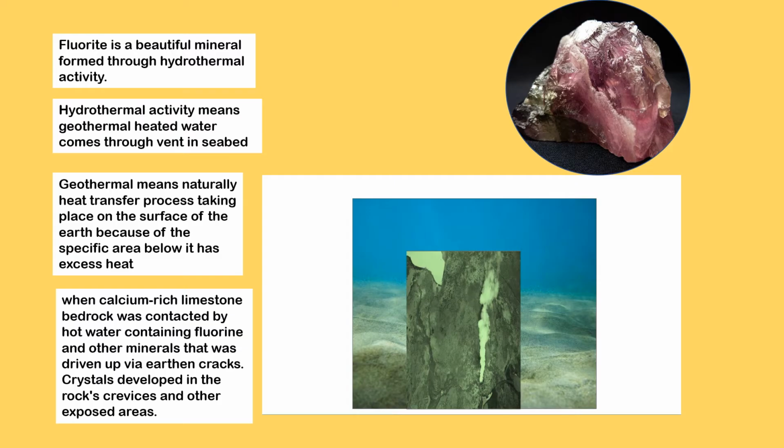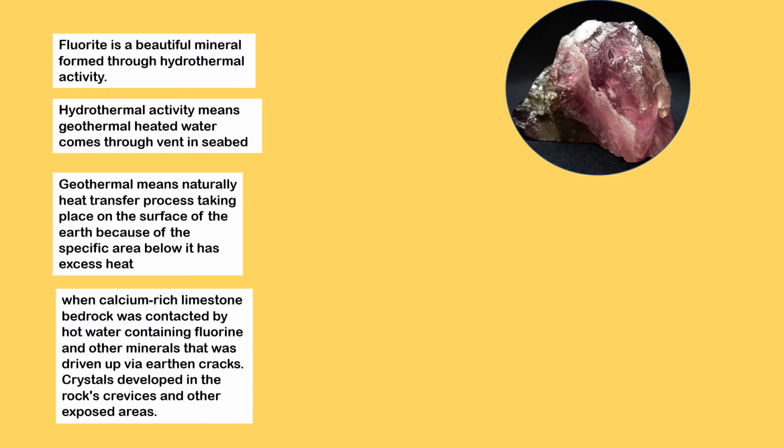When calcium-rich limestone bedrock was contacted by hot water containing fluorine and other minerals that was driven up via the earthen cracks. That means through the cracks they came up, and the crystals developed in the rock crevices, in the cracks and other exposed areas.